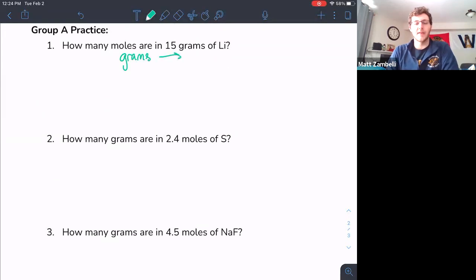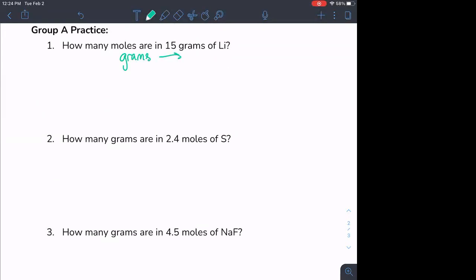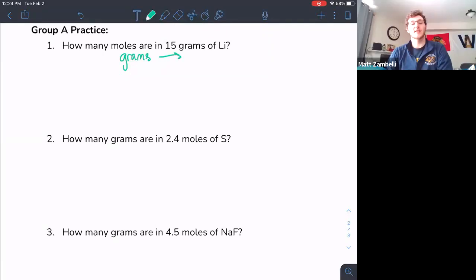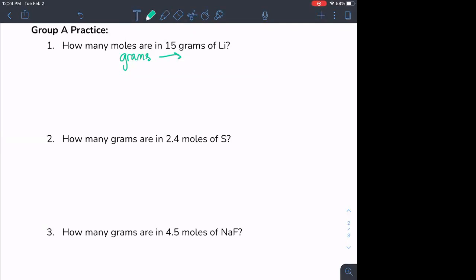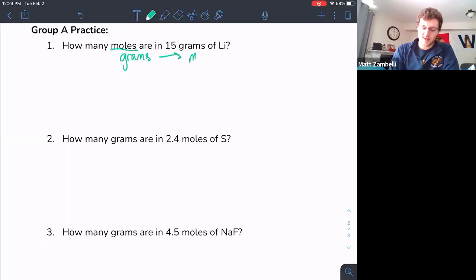What units are we trying to find at the end? Not ounces. Check again. The 15 is still part of our grams. What is the unit we're trying to get to at the end of this problem? How many what? Moles. So we're trying to get to moles right here. So we're trying to go from grams to moles.